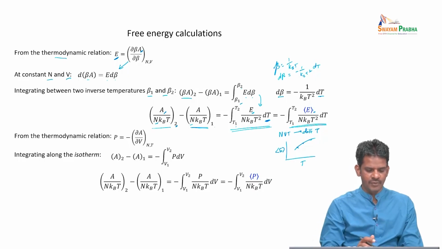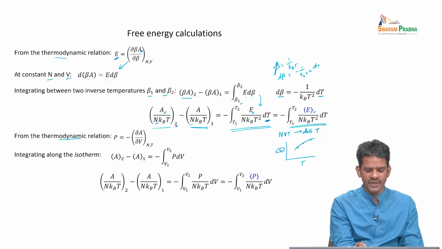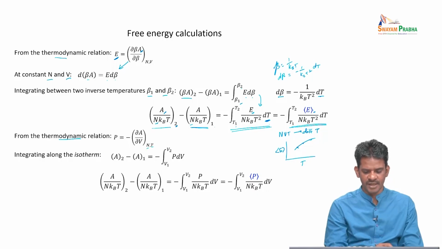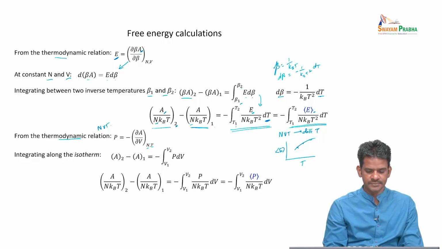Now, you can also do the same thing with pressure, in the sense you take this thermodynamic relation. P is related to negative of ∂A by ∂V at constant temperature and number. Okay. So, we are still talking about the NVT ensemble, same as here. So, here we integrate this between two states 1 and 2, and the volume goes from V1 to V2, P dV, and again we can write per particle per kBT, and then the right hand side also becomes P by kBT.